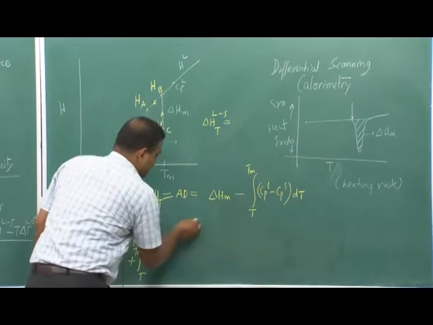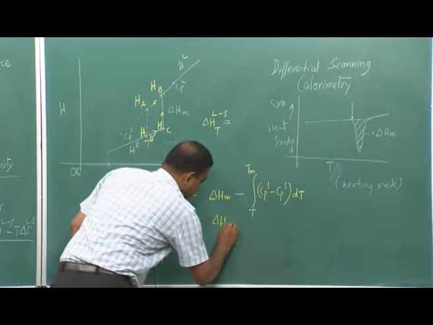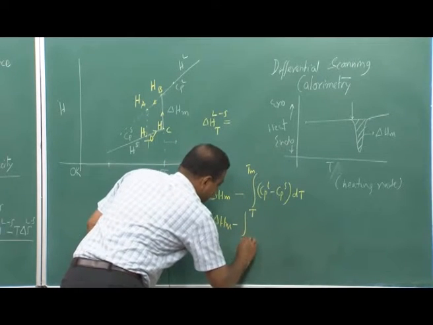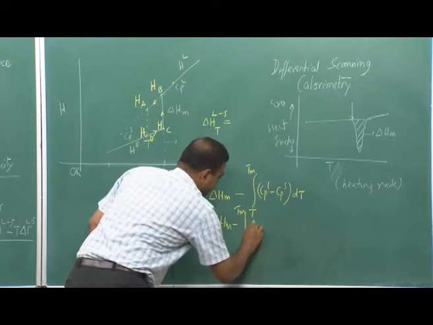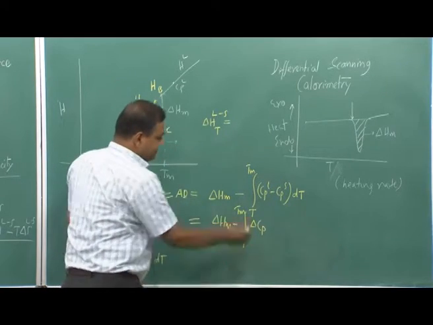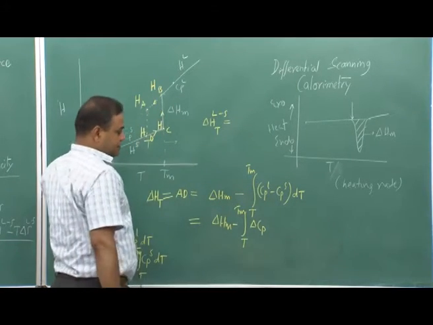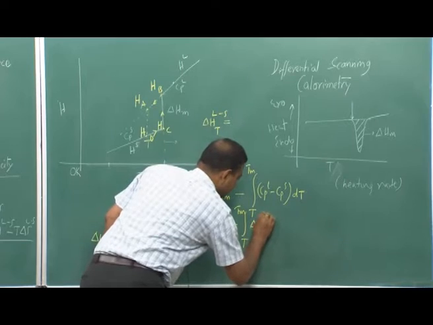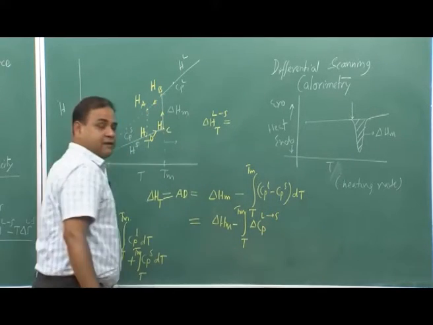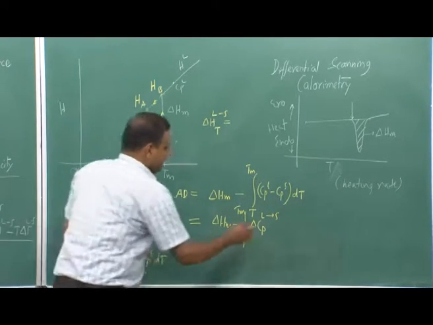So, finally I can write del H T equals del H m minus the integral from T to Tm of del Cp dT, for the liquid to solid transformation.